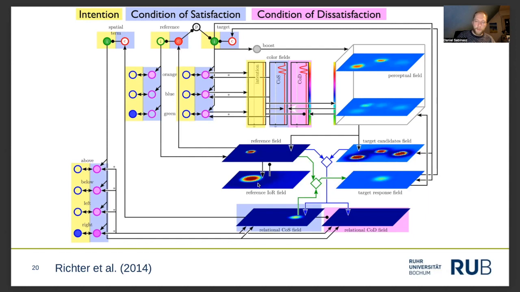If there are many reference objects, then over time the architecture would autonomously try each of them until it has found one where target candidates could be found that are in the correct spatial relationship to the reference object. When that happens, when this relational condition of satisfaction field forms a peak, that is then transformed back into absolute coordinates and provides input into a target response field, which effectively forms a peak on the location of the target in absolute coordinates.